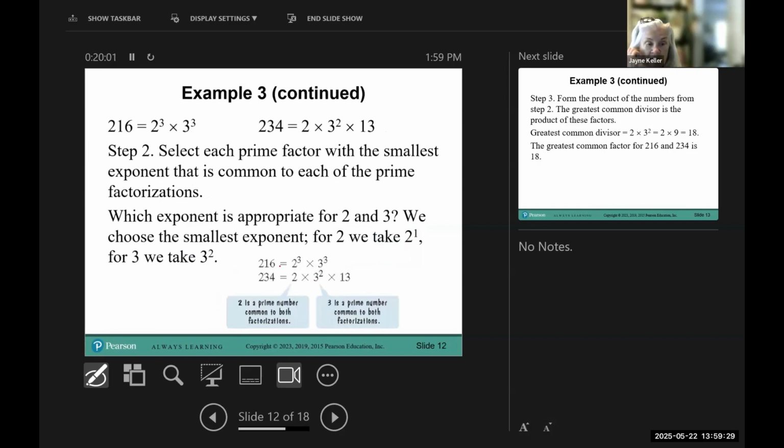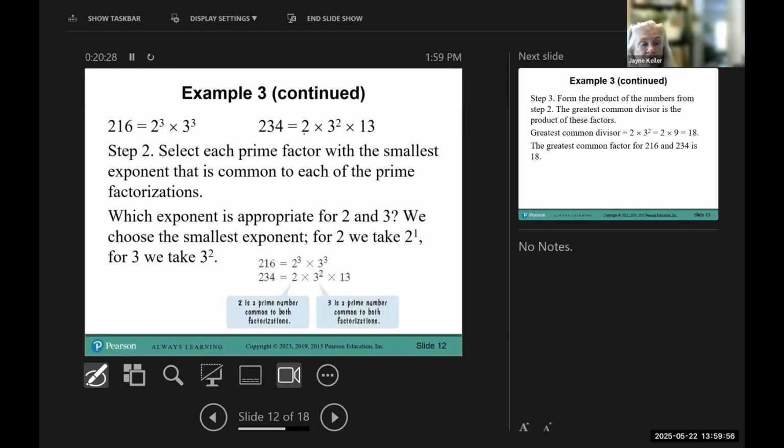Another way of looking at this is if I write those prime factorizations, so instead of looking at the factor tree, I take all of those factors. And to get 216, we had to multiply 3 2's and 3 3's. And to get 234, we had to multiply a 2, 2 3's, and a 13. So what do they have in common? Well, this one has 3 2's, this one only has 1 2, so that means they have a 2 in common.